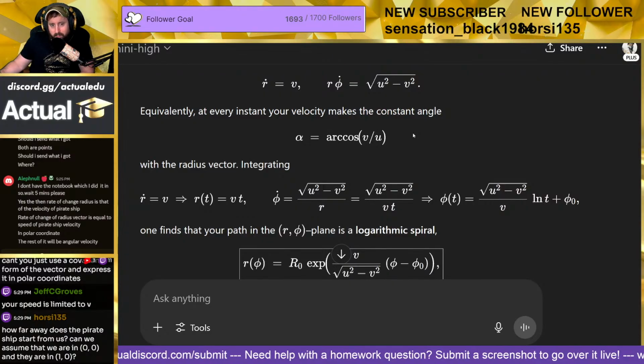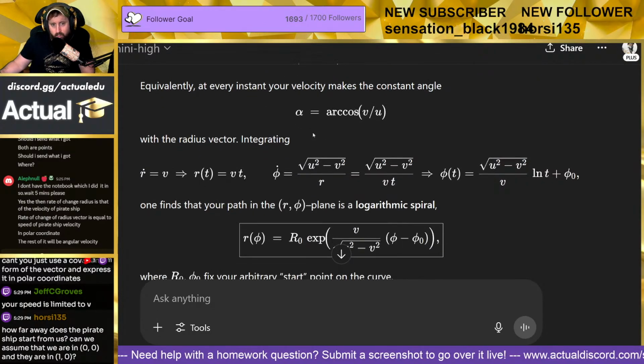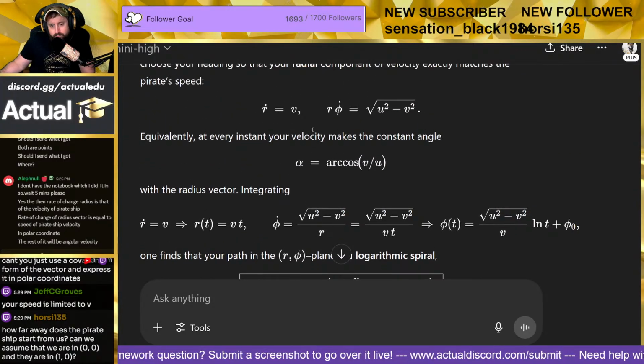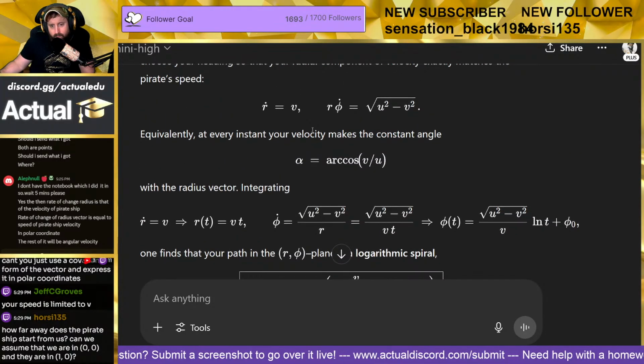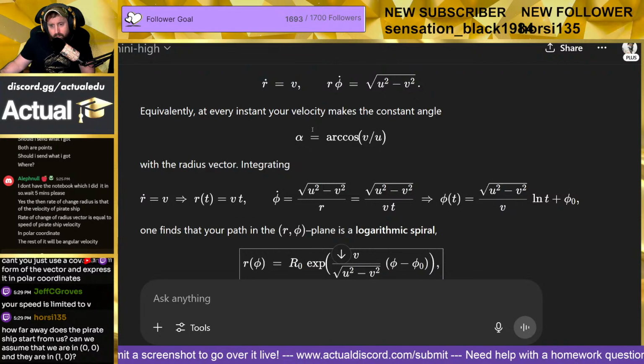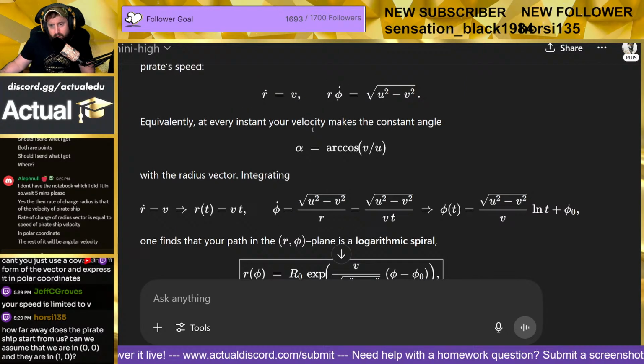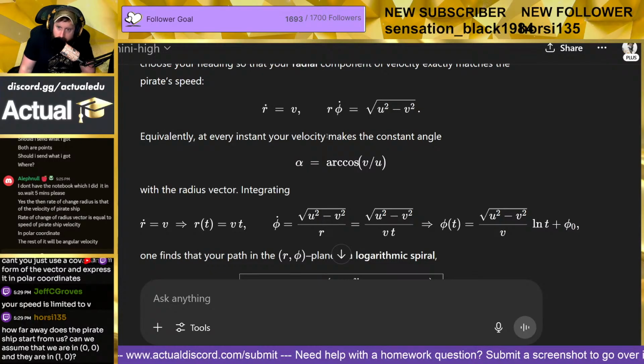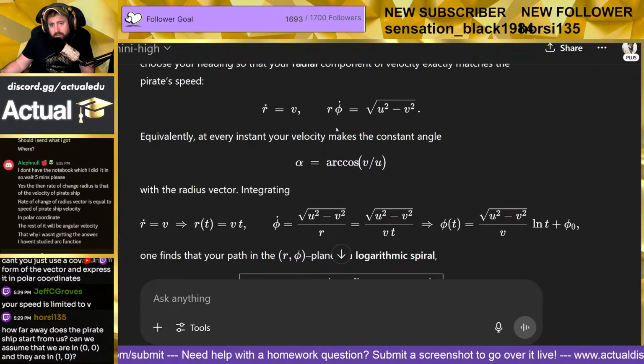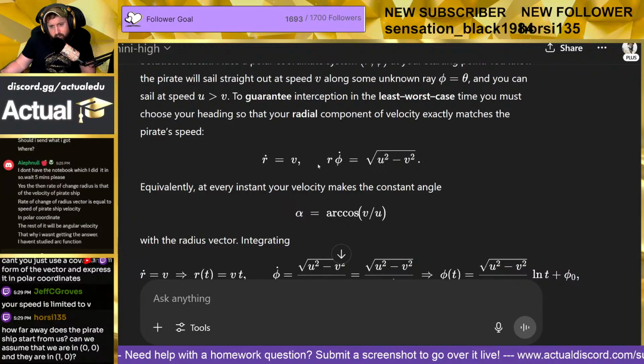No, we assume they're on top of us, Horsey. They're point particles. Okay, yeah, R phi dot. That tells you how much.